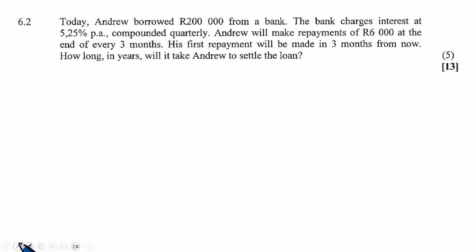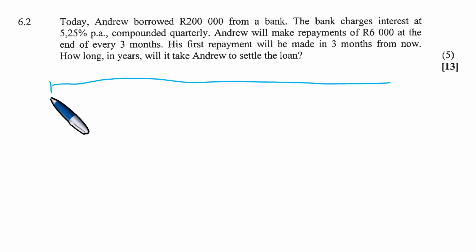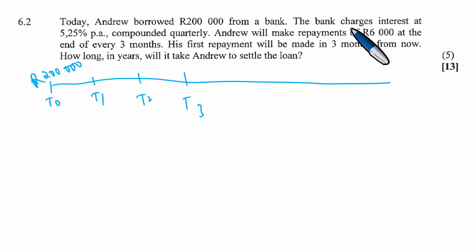Now, what is happening here is the following story. So there's time 0, time 1, time 2, time 3. Andrew borrowed 200,000, the present value. The bank charges interest at 5.25% per annum, compounded quarterly.